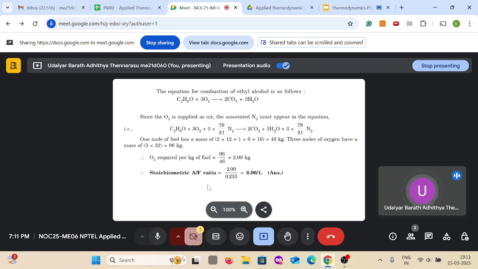So the stoichiometric air fuel ratio is 2.09 divided by 0.233, which gives you 8.96.